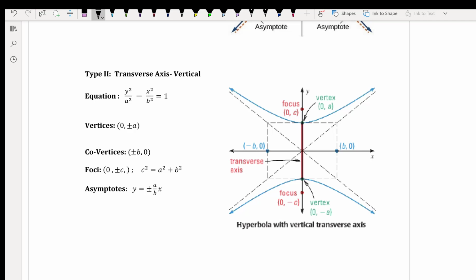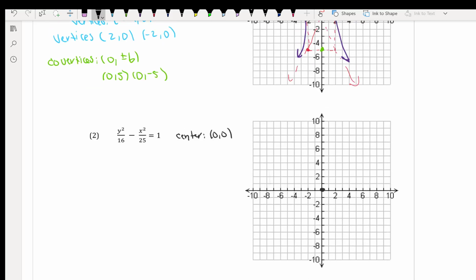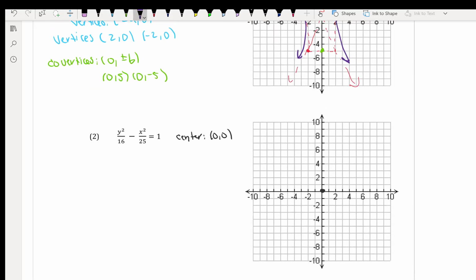It's 0 plus or minus a. So here my a squared value is 16, so a is equal to 4. So I'm going to have my vertices at 0, 4 and 0, negative 4.